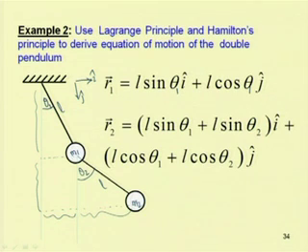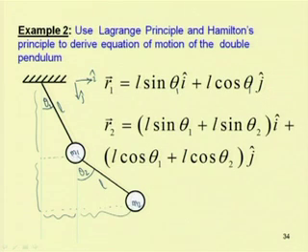So, from these physical coordinates, or from this position vector, one can find the velocity of the system. Velocity v1 can be obtained by differentiating this one.